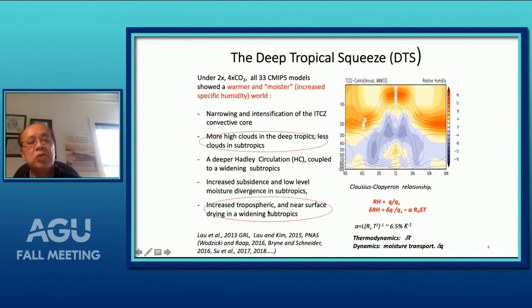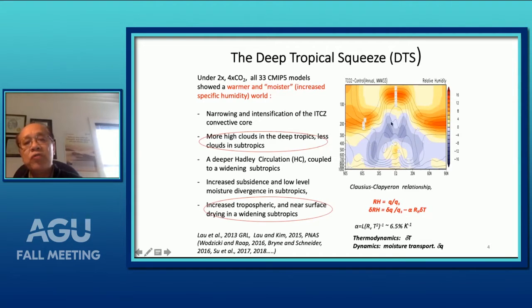These are the two important factors that are affecting the subtropical region, and you can actually see it in this model result, indicating that under global warming, you would have a warmer atmosphere, but if you look at the relative humidity field, it is actually a very strong reduction.